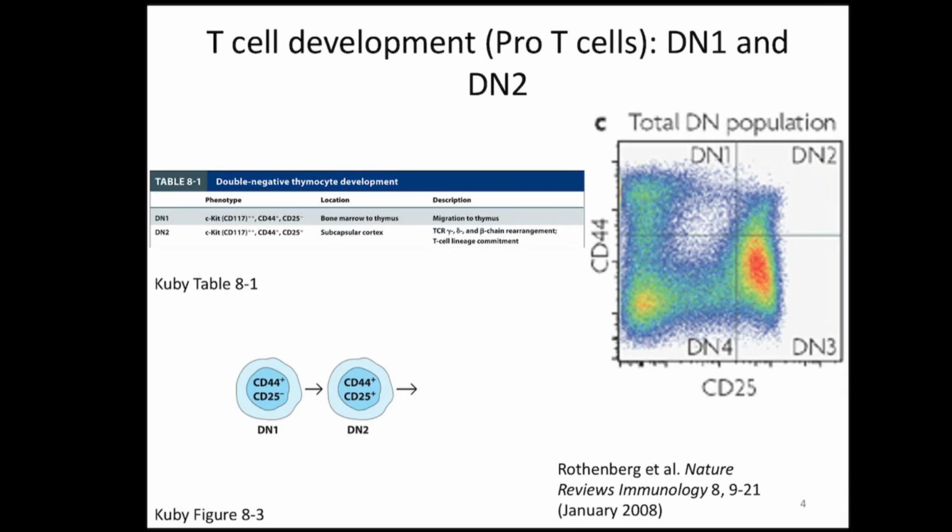So if we think about T cell development, we can first think about what's happening in our double negatives. And so we'll start with double negative 1, DN1, and DN2, which you can see here. And DN1 and DN2 are really the cells that are sort of the equivalent of a pro-T cell.